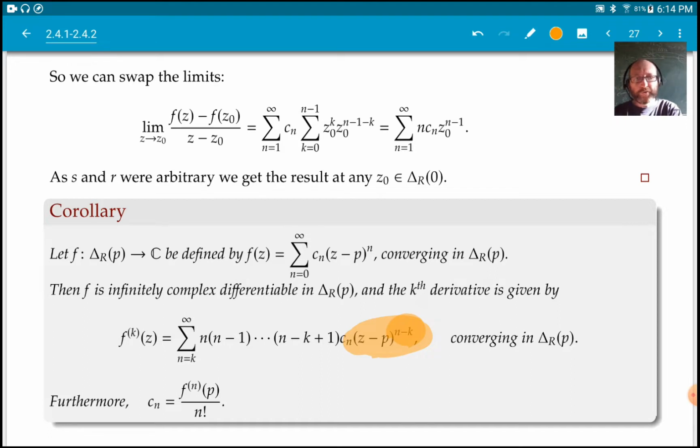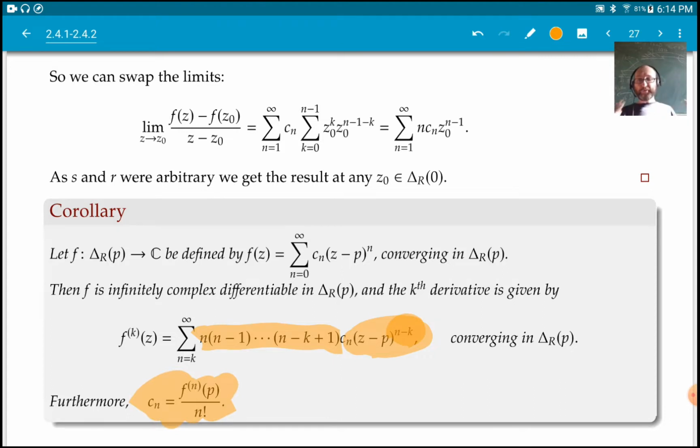So I really get that the kth derivative of f at p is k factorial times the ck, or I can solve and get this formula.